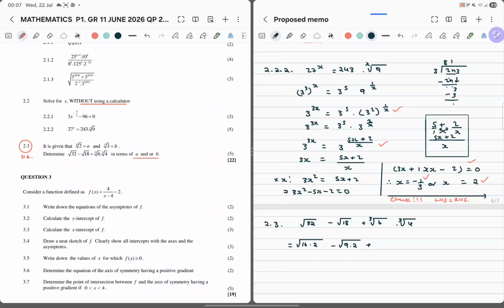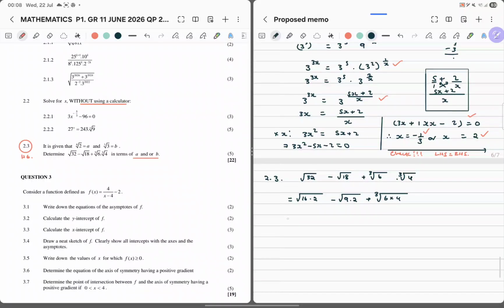Plus, now with this one, there's a rule. If we're multiplying 2 cube roots, we can put them under the same cube root, but multiply what's inside. 6 times 4. Right, so let's keep going.